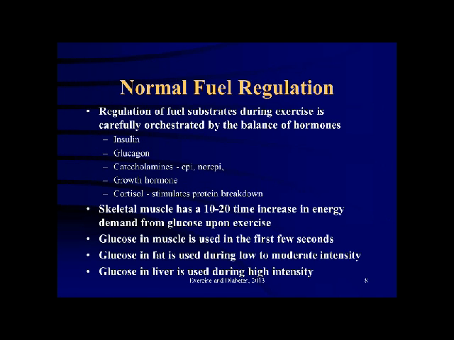So a little bit about what's happening physiologically in the body when one begins to exercise. In normal fuel regulation, this is what we expect. The regulation of these fuel substrates involves counter-regulatory hormones largely, the orchestration of insulin and glucagon, catecholamines, including epinephrine, norepinephrine, growth hormone, and cortisol.